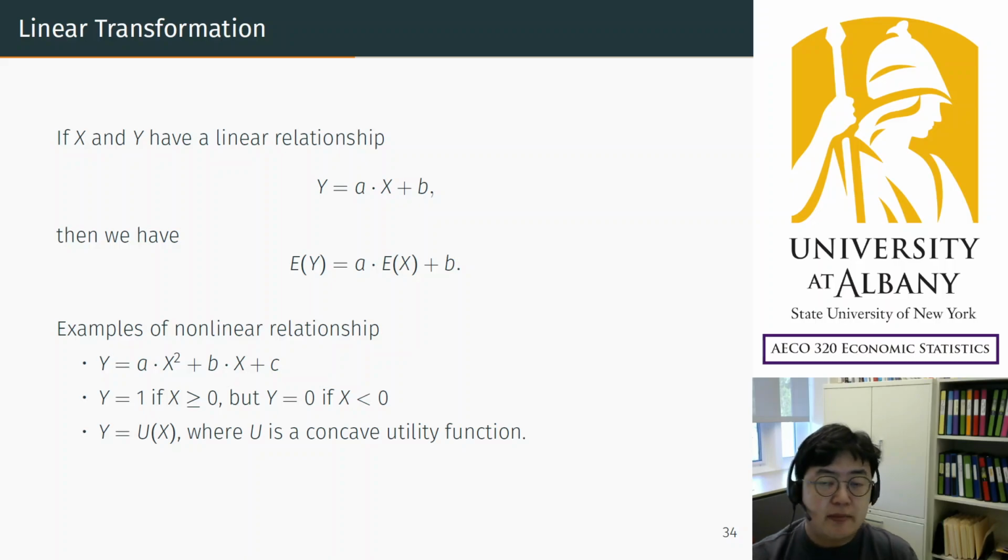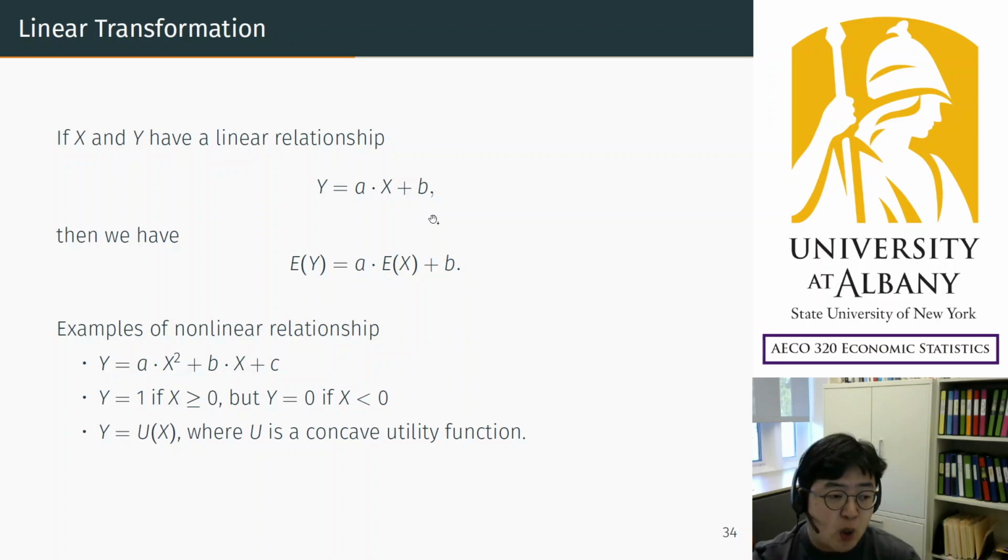Okay, hello, welcome back. In the previous video, I explained that having a linear relationship would help to calculate the expected value of a new random variable, right? But the main point here is we need a special condition: the transformation from the original one to the new one must be linear, defined in this way mathematically.